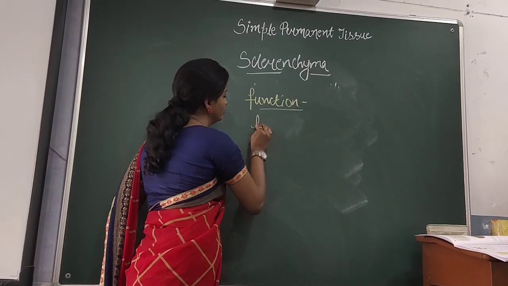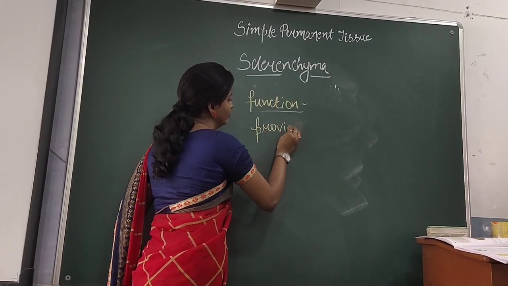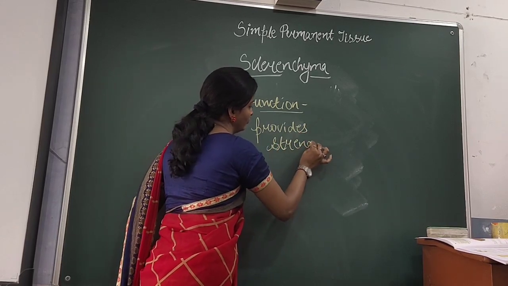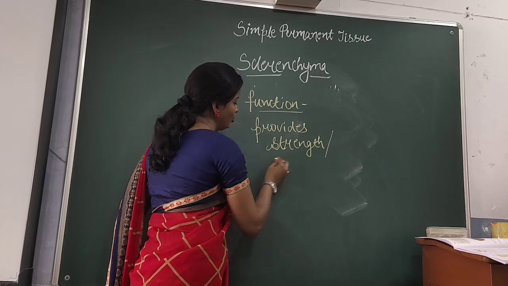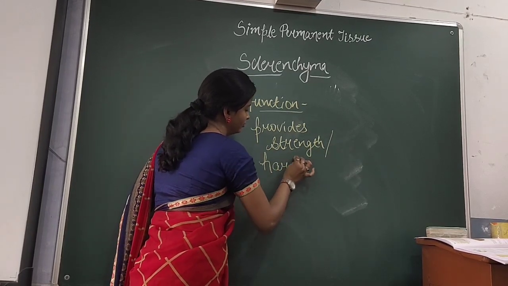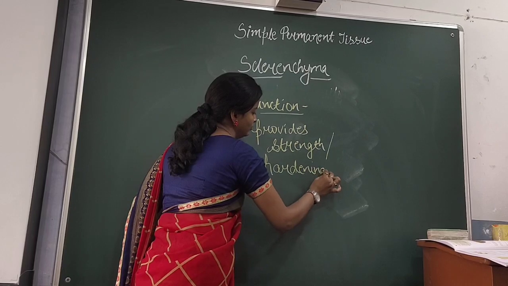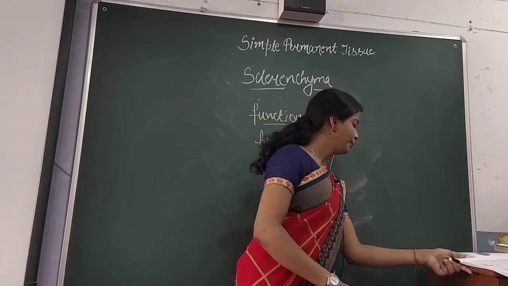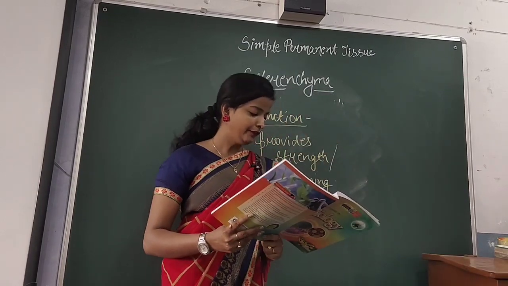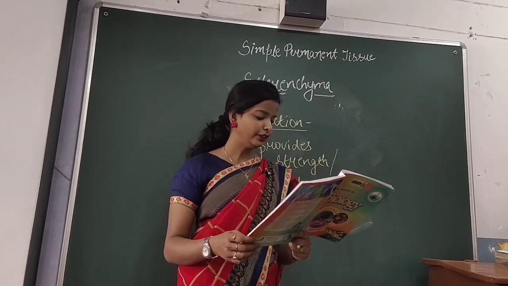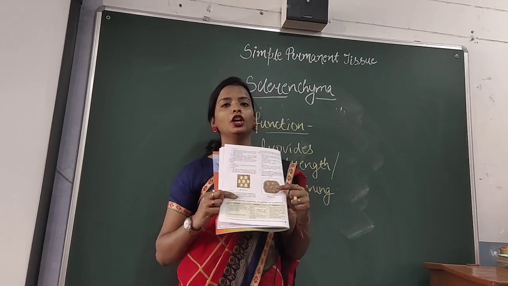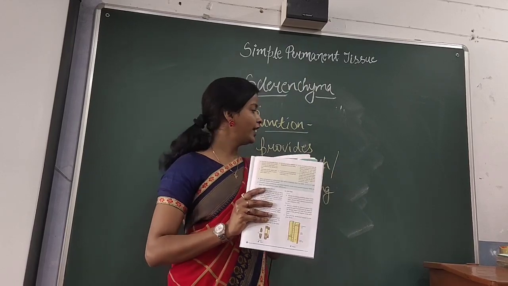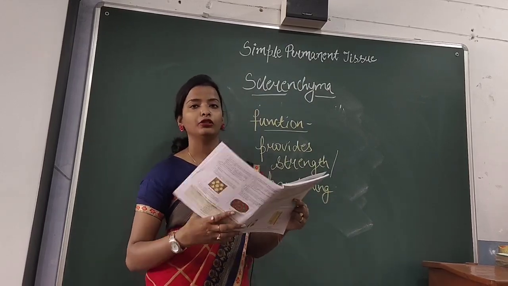So it provides strength, or you can say hardening of the trees. So in your book also on page number 12 you can see the difference between parenchyma, collenchyma and sclerenchyma is given. This table you can read and memorize these points thoroughly, because I have explained here, but you can read it also.